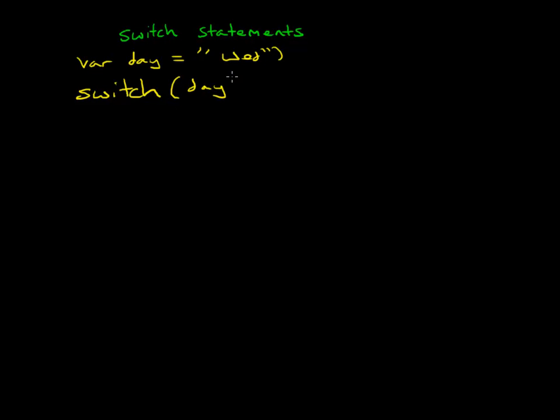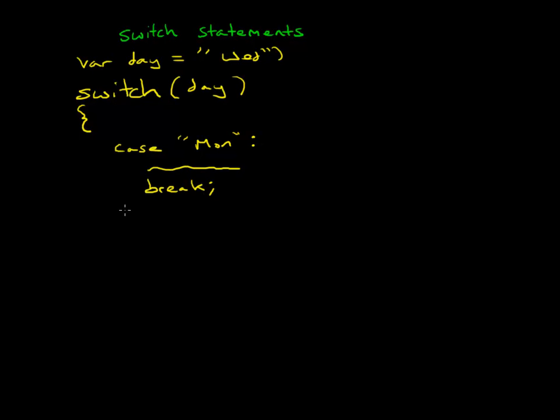This is my variable name here, and then open the structure with an opening brace, and then I will say case, and I put in what the case is. So the case could be Monday, and then I put in a colon, and then what I need to do will go in this section here, and then I finish each case with a keyword called break.